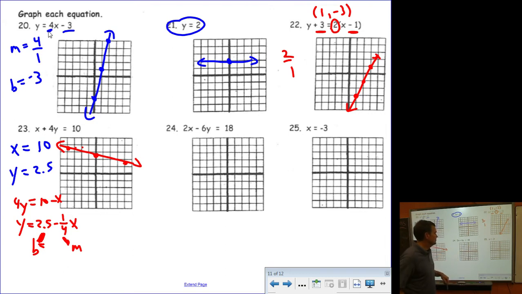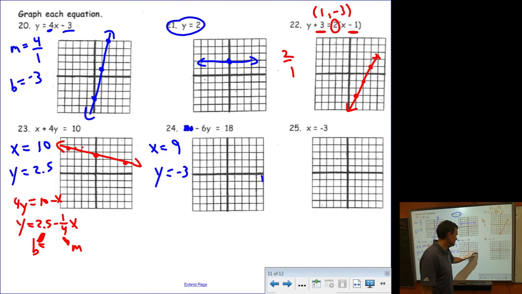In number 24, the easiest way to do this would be to get, again, the x and y intercepts. The x-intercept is going to be at 9, and the y-intercept is going to be at -3.